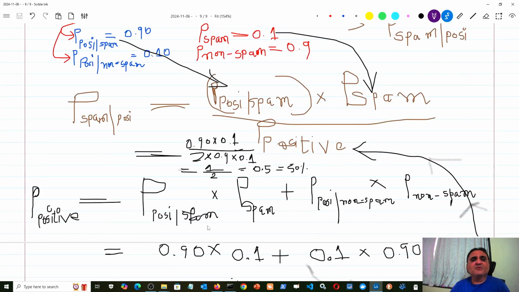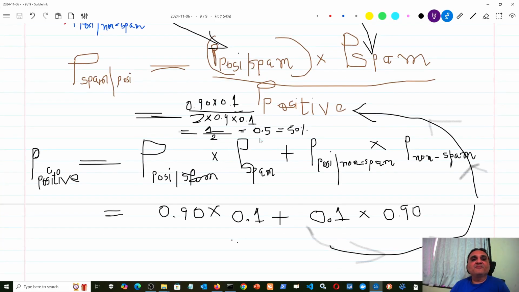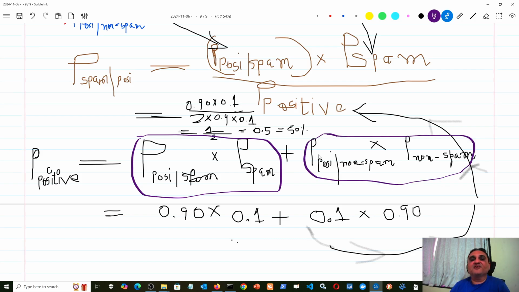Okay. So P(positive | spam), that is this thing 0.9, multiplied by P(spam). So mentally you can think that P(spam) is cancelled, so this is P(positive), and similarly P(non-spam) is cancelled, so this is also P(positive). So this is P(positive) for the spam situation, and similarly this is P(positive) for the non-spam situation. That is one way of understanding, correct?